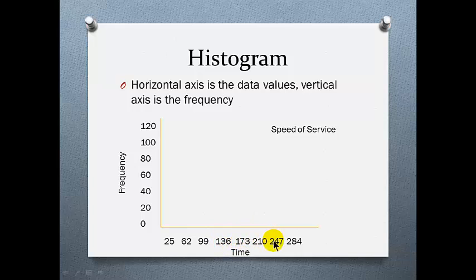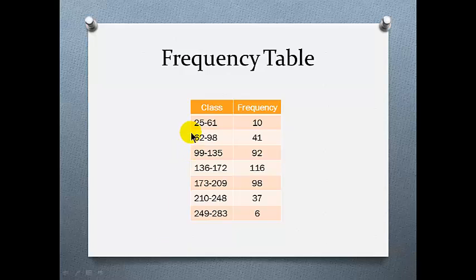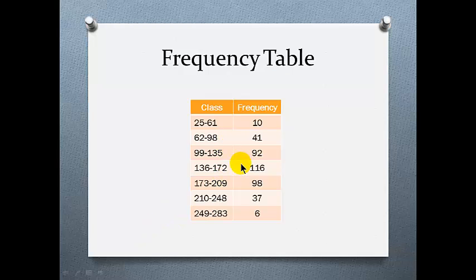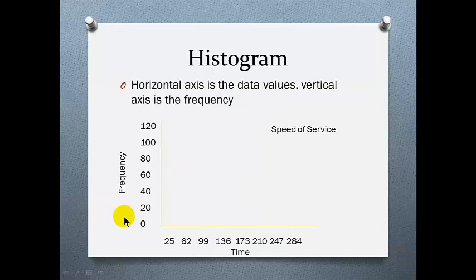They're all those lower limits from our frequency table. 25, 62, 99, 136, 173. Going up the vertical axis then is just our frequency, how often they appear. Because our data values range from 6 to 116, I decided to count by 20s going up. Frequency has to be vertical on a histogram.